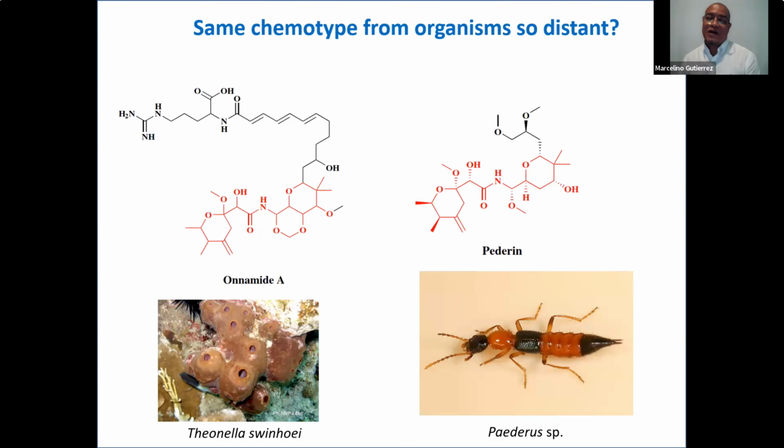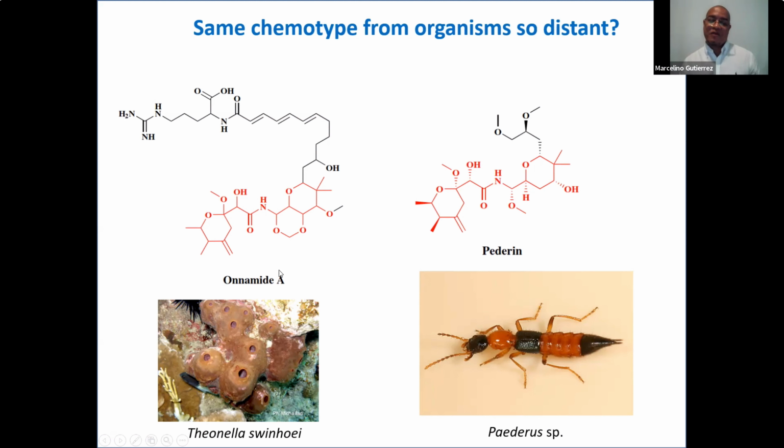Some scientists started seeing similarities in nature where you find two compounds that have the same structural nucleus, like onnamide A and pederin, very similar compounds produced by such distant organisms as a sponge and an insect.